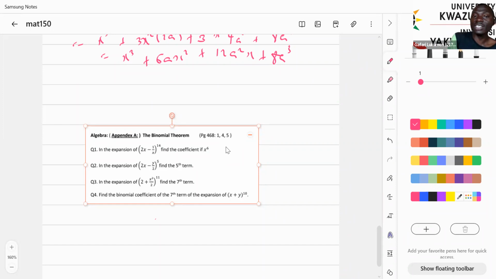Instead of you writing out the whole expansion to find the coefficient, there's a shortcut you can use, that is a formula.